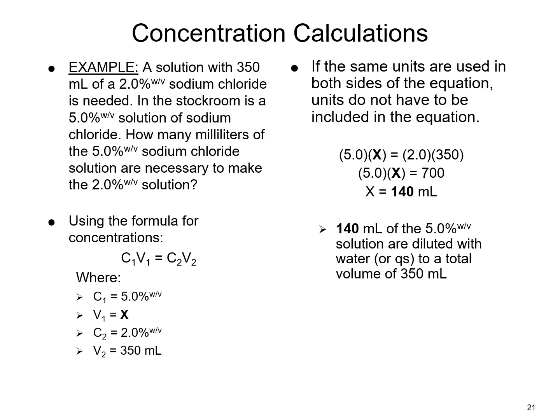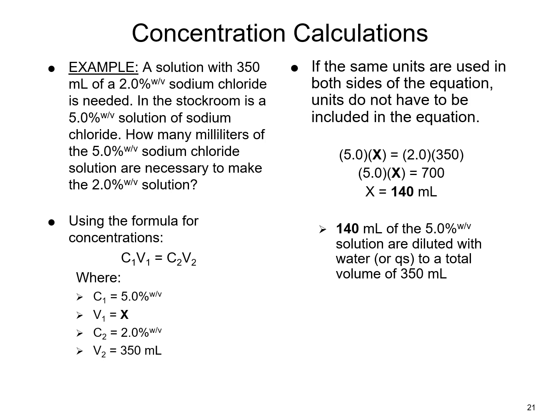In this example, we need 350 mLs of a 2.0% weight per volume sodium chloride solution. In the stockroom, we have a 5% weight per volume solution of sodium chloride. We need to determine how many mLs of the 5.0% weight per volume sodium chloride solution we have on hand are necessary in order to dilute it down to a 2.0% solution.